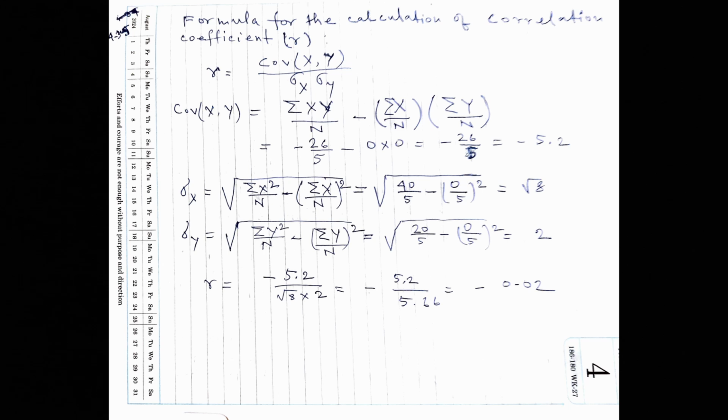This is equal to minus 26 by 5, that is n, since 5 values are given, that is why n is equal to 5, minus summation X is equal to 0, summation Y is equal to 0, that is why it is equal to minus 26 by 5, which is equal to minus 5.2.